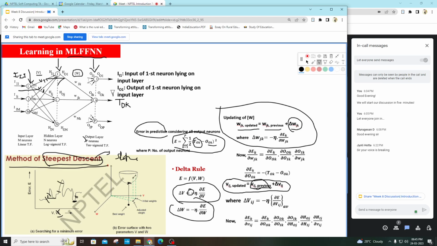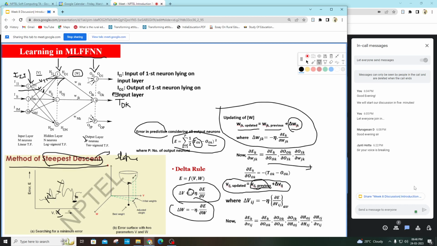So here you get your error E between o and t. But there is no direct relationship between the error and W, the weight of the hidden layer connected to the output layer. So what you have to do is use the chain rule.